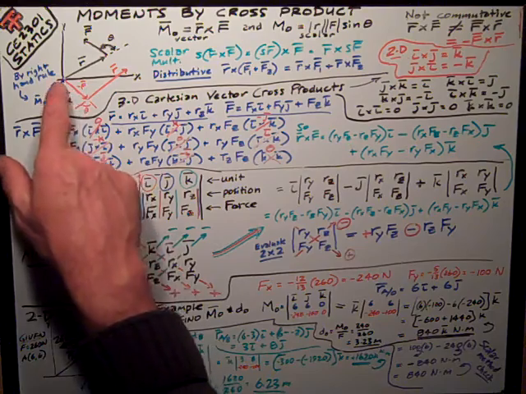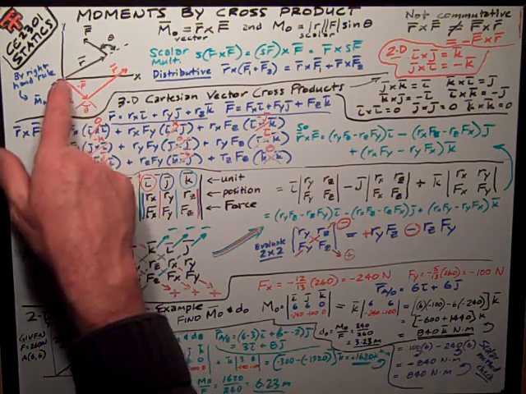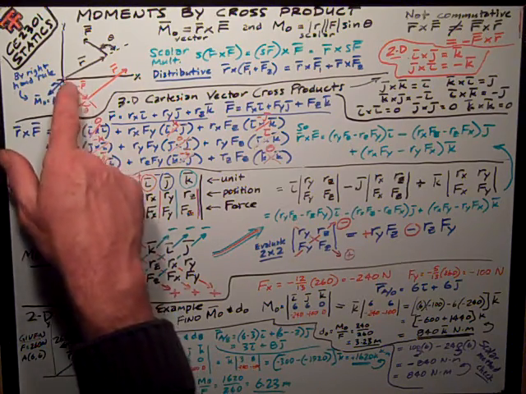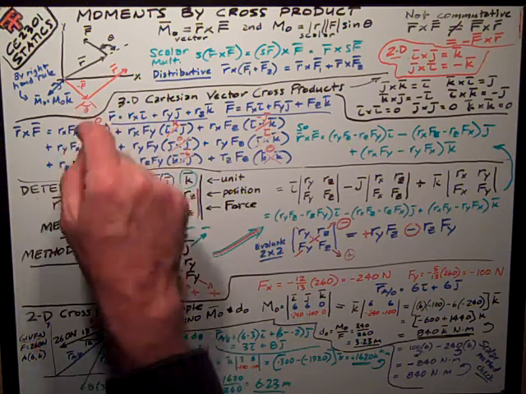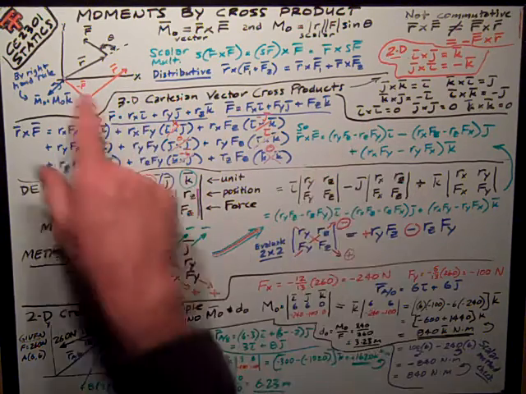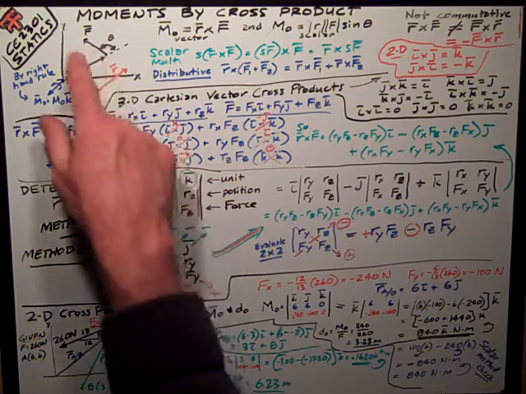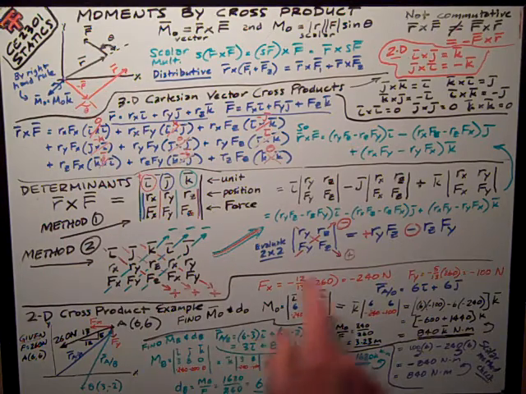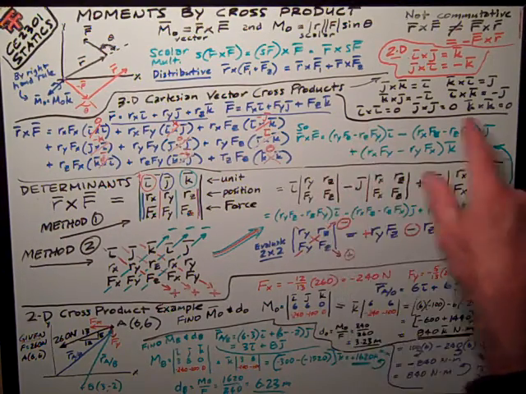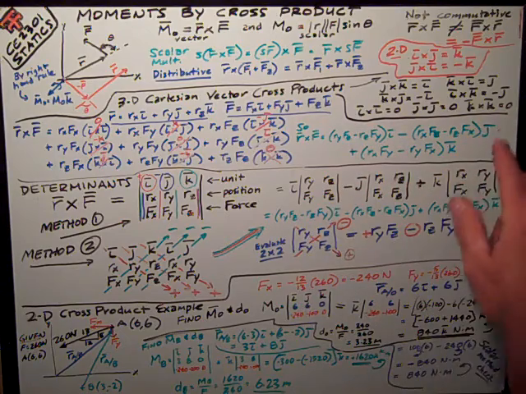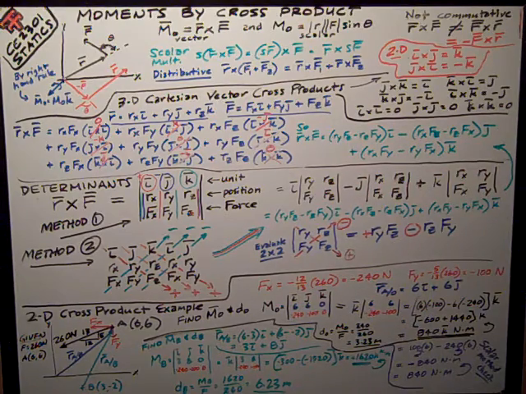I can kind of see that if I just put an i vector, I can't cross it with itself if it's the same direction, because there's no angle between it. So any vector crossed with itself is equal to 0.